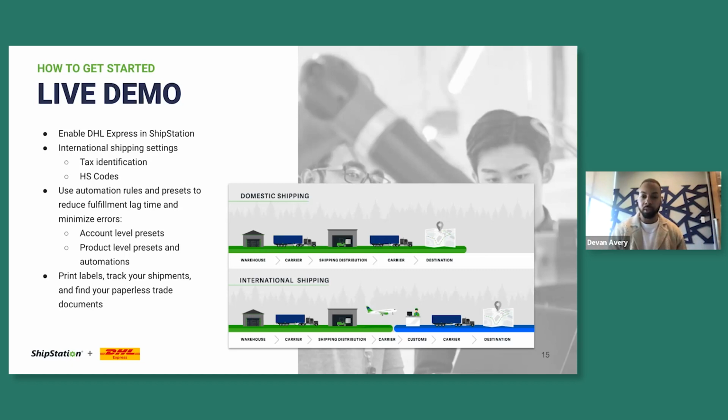With international shipments, you have one incredibly important component, which is customs. Your packages are picked up by the carrier, taken to the distribution center, and then taken to customs to be vetted, to make sure they're meeting the requirements of the countries they're being shipped to and that tax identifiers have been identified correctly. Then it's dropped off by the carrier at the destination.